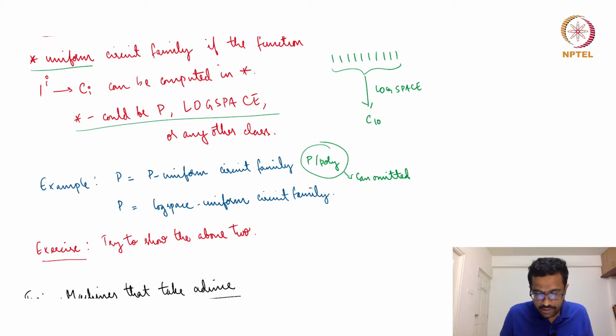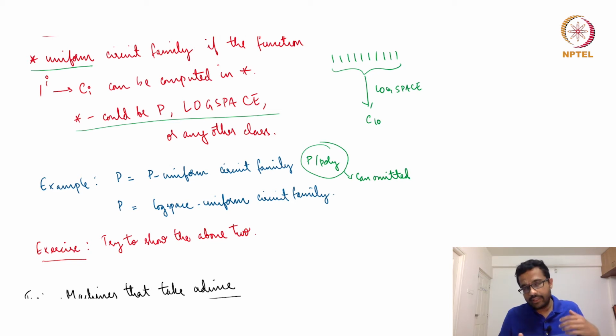So the class of P uniform circuit families must be equivalent in power to P. Similarly, you can verify that log space uniform circuit families are also equivalent in power to P. The class of languages decided by log space uniform circuit families is equivalent to the class of polynomial time algorithms.